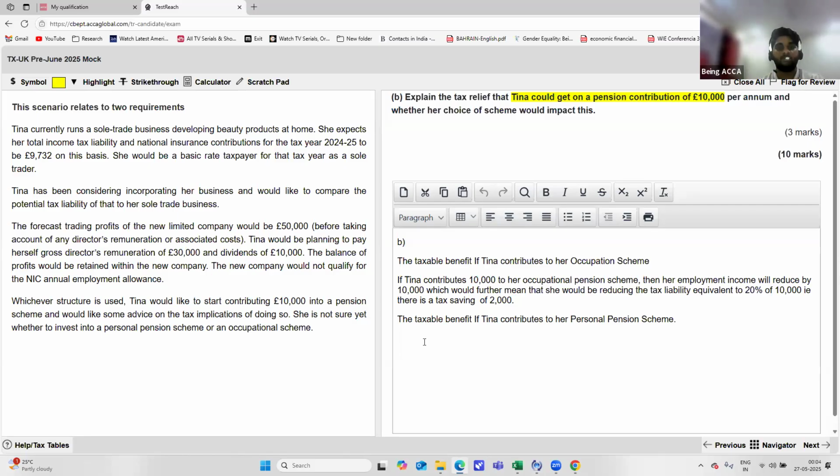Let's frame it in the same manner. If Tina decides to contribute into the personal pension scheme, then she will have to pay only 80% of the contribution amount, while the rest 20% will be paid by the government.